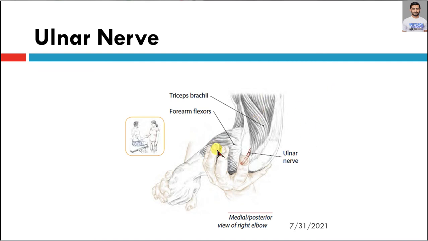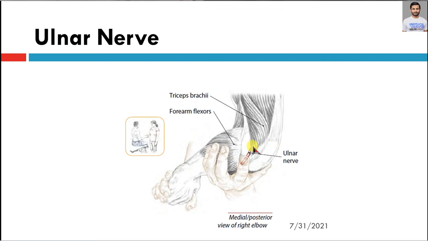Then the ulnar nerve, like we mentioned in the previous lecture, is called the funny bone. This is a very important clinical landmark, and that landmark is between the medial epicondyle and the olecranon. There is this space through which the ulnar nerve passes. There is also a fat pad that protects the ulnar nerve, but this is the site where the ulnar nerve is.